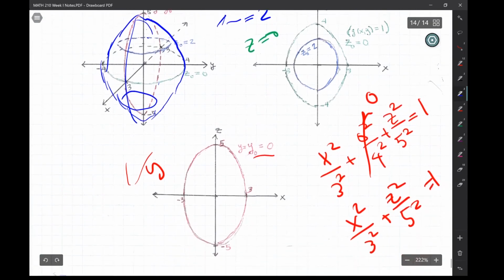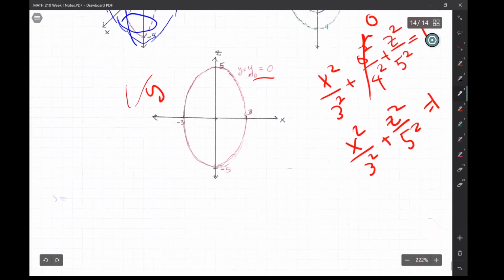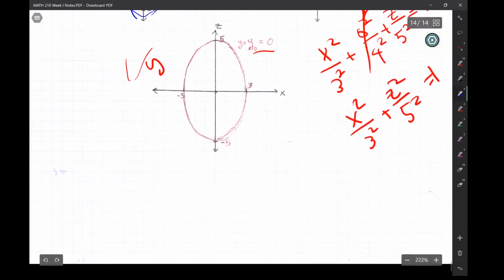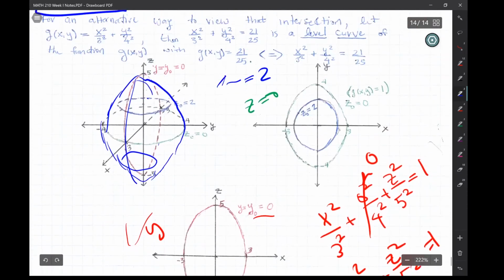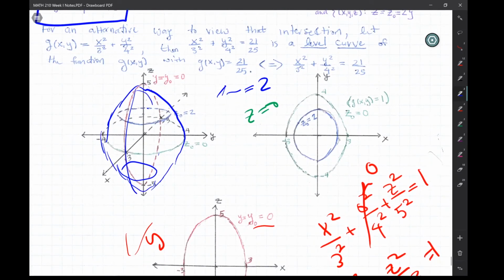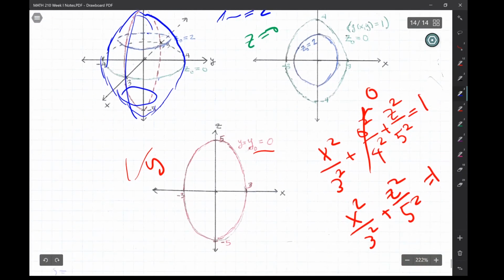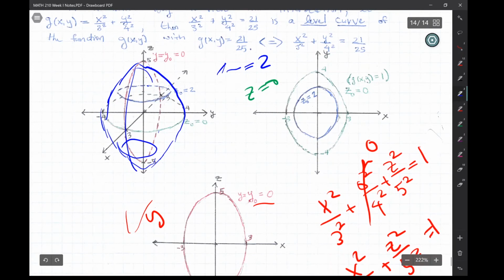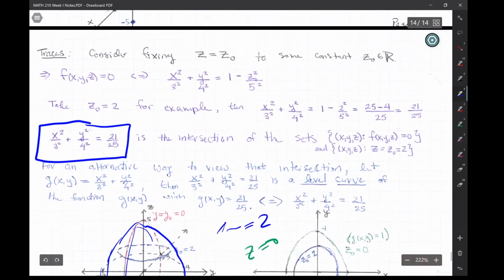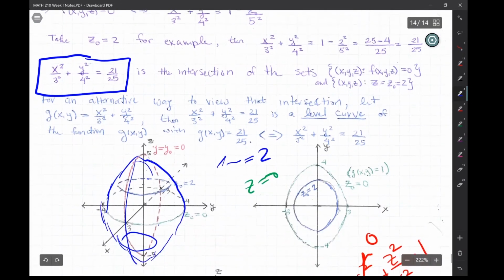But hopefully you're thinking a little more about sets and how this works, understanding what happens when you fix certain variables, understanding what happens when you set functions equal to constants, and learning how to visualize relations in terms of x, y, and z as shapes.